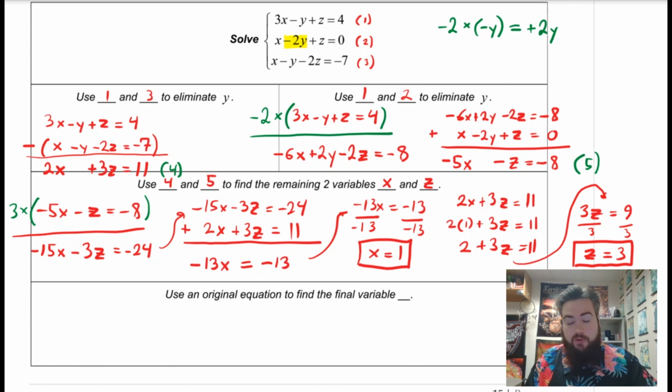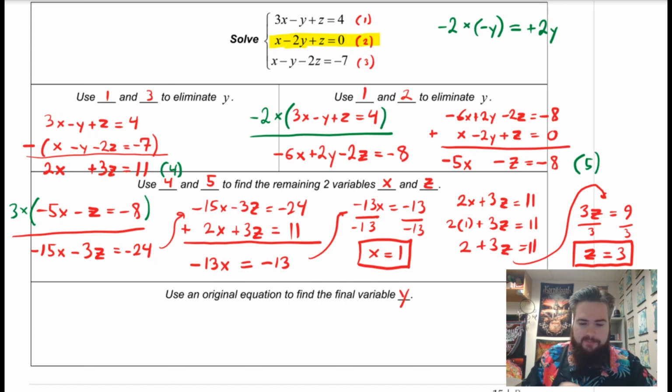I have now solved for 2 of the values in this triple I'm trying to create, and now I'm going to plug both x equal to 1 and z equal to 3 into one of the original equations, it's up to you, and solve for the final variable of y. I'm going to personally select equation number 2 at the top, and the reason for this, really it's arbitrary, but I see both a single x and a single z, so it's going to be easy to plug those in, and I see a constant term of 0.